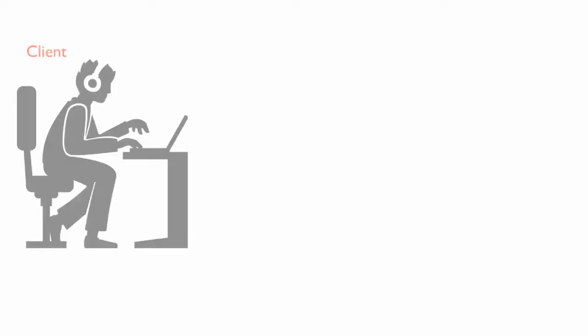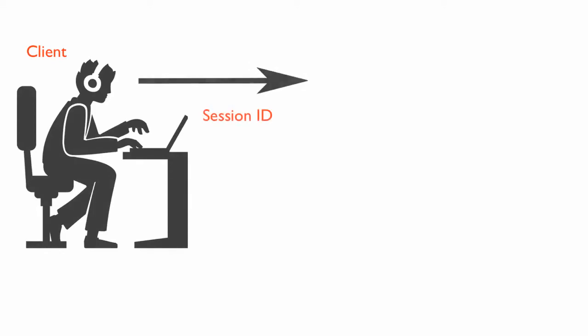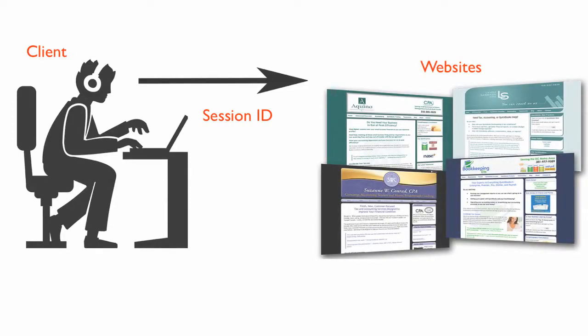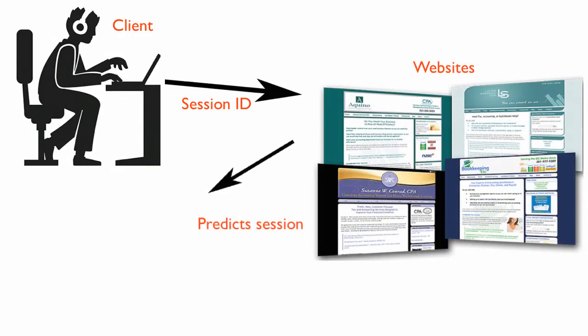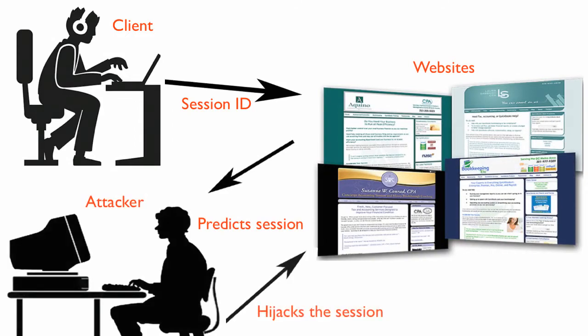That session ID is sent, and it shows the client session as confirmed. The session ID is tagged to all subsequent communications between the client and the website and confirms that the session is a valid one. If the attacker can predict or guess the session ID, then he'll be able to hijack the session, right? As I mentioned, session IDs are calculated using simple or complex algorithms. The attackers observe the session IDs to find the patterns and then predict the session ID.